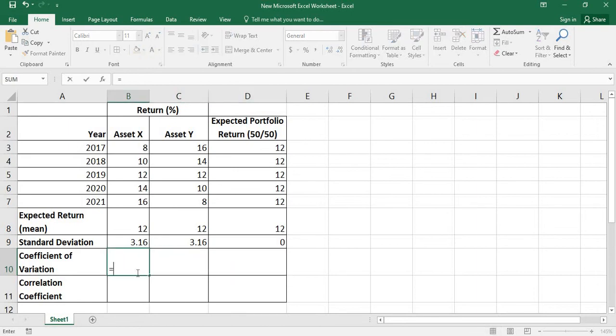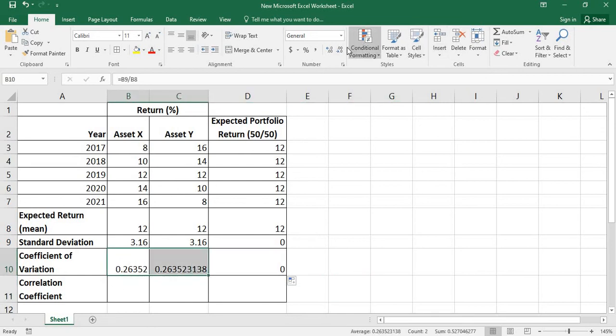So once again, formula of coefficient of variation is equal to standard deviation divided by expected return. So select the standard deviation first, divided by expected return, press enter. Now we can do it for others as well. Simply drag it.